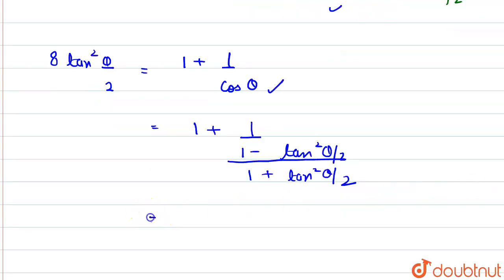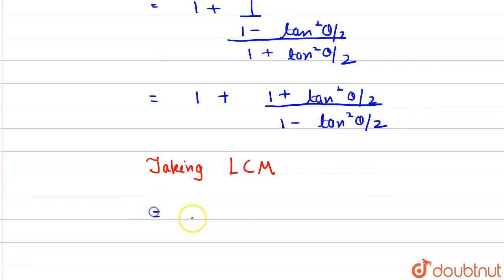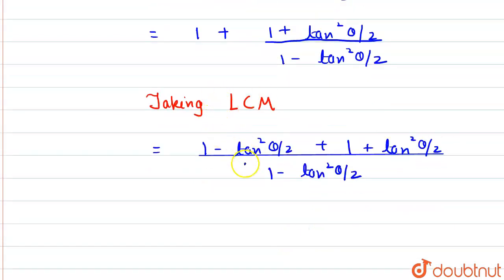So now if I take LCM, I will get 1 minus tan square theta by 2 plus 1 plus tan square theta by 2 upon 1 minus tan square theta by 2, right?